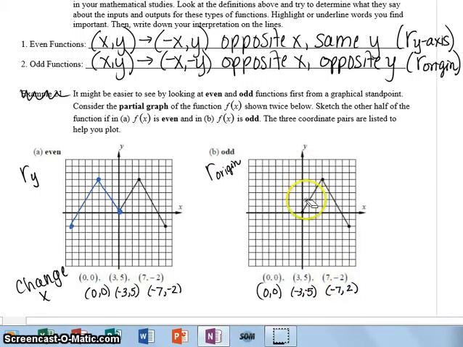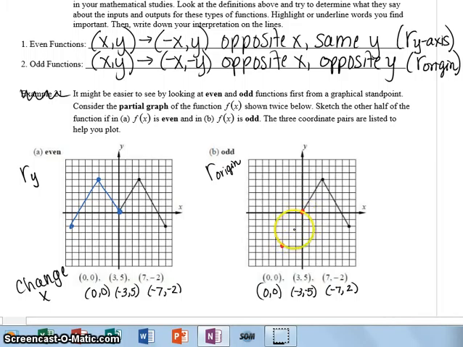Another way is you can count how many spaces it is from the origin. Now this one's on the origin, so it stays in the origin. That's invariant. We learned that term in geometry last year. Now, count how many down and over to the origin. So this one is down 1, 2, 3, 4, 5, 3 left. So we went down 5, 3 left. So now you're going to go 3 left, down 5.